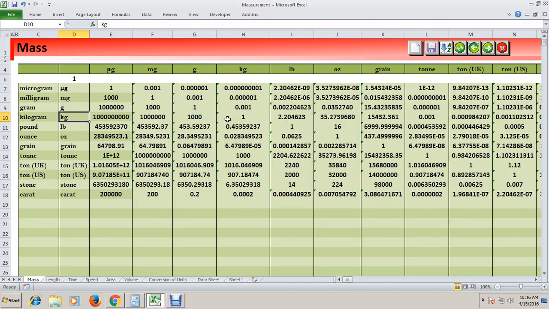So for every 1 kilogram, you have 1,000 grams, just like what we see here in this conversion factor. Next, perhaps we want to convert kilograms to milligrams. A milligram is one millionth of a kilogram. So the conversion from 1 kilogram to milligrams is that you have 1 million milligrams for every 1 kilogram, and so on.